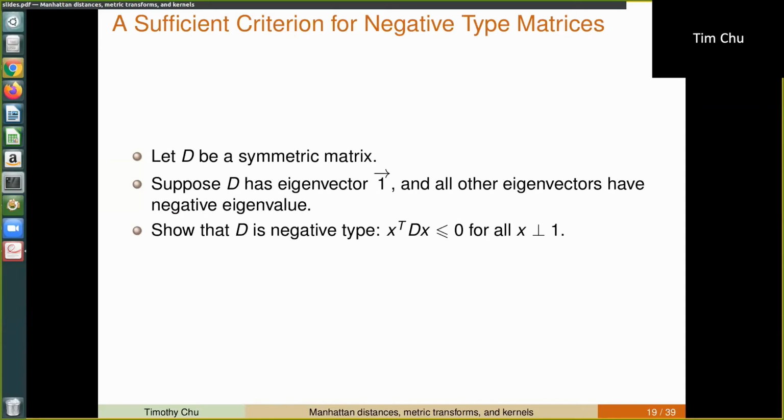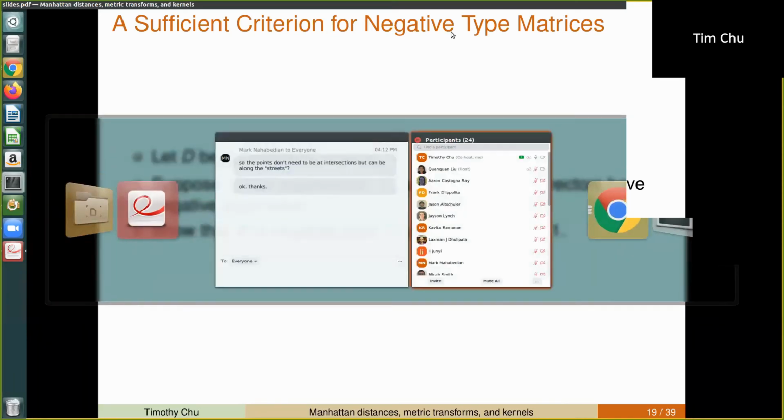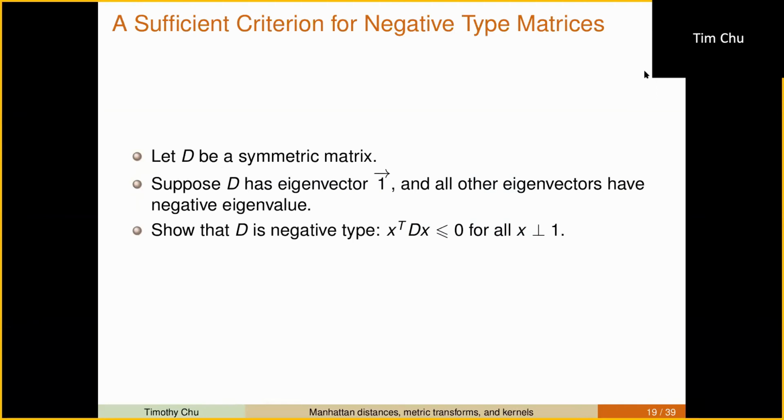Okay, anyone want to volunteer why this assertion I made on the slide is true? Feel free to just jump in. And also feel free to ask questions in the chat in case this doesn't quite make sense to you.